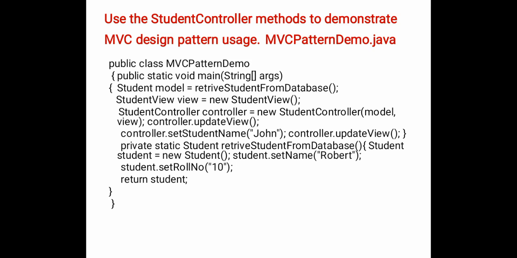Since student is the object here, and the return type of the retrieve student from database method is student, it means it is returning an object. It is returned to the above site, to model. It means all these details are returned to model.